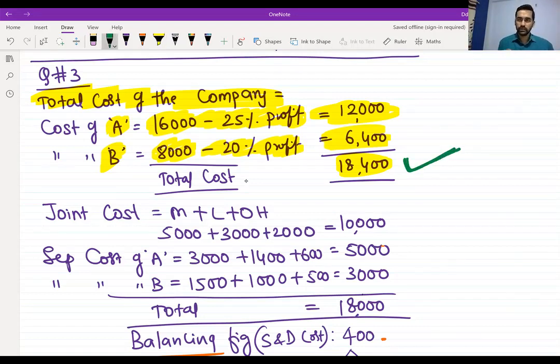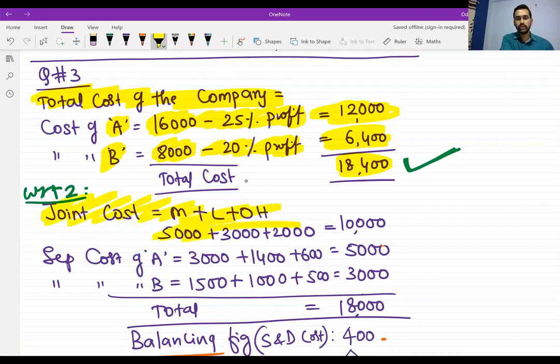Right. Next, working note 2. Joint cost is equal to material, labor, overhead, 5 plus 3 plus 2, 10,000.